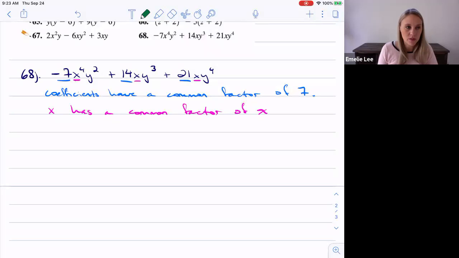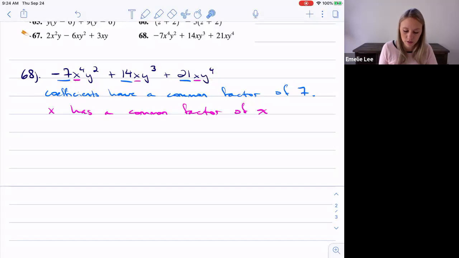But let's just talk about what's going on. So y squared, same thing, we look at the y's now, and I want to make sure there is a y value in each of these terms. I've got y to the power of 2, y to the power of 3, and y to the power of 4.